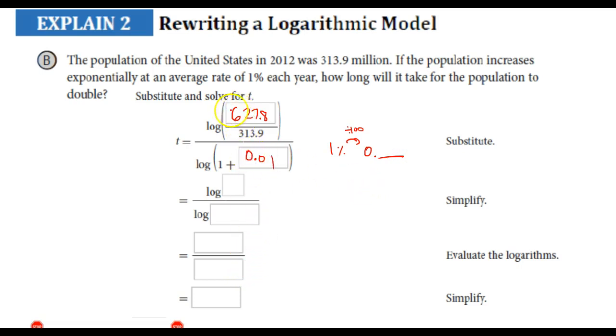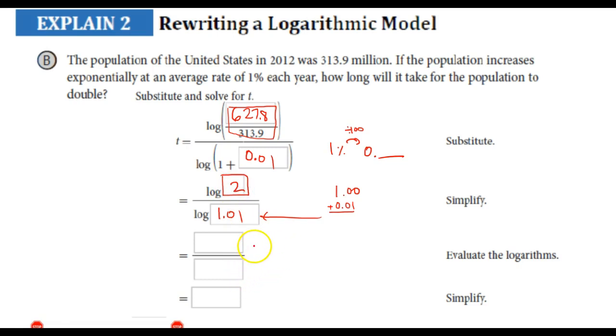Whether you're using a basic calculator or a graphing calculator, go ahead and divide that out and figure out what this would be. You don't really need a calculator for this one, but go ahead and try this out. 1 plus 0.01. Let's write that there. Take some time, work it out. That'd be 1.01 and 2.